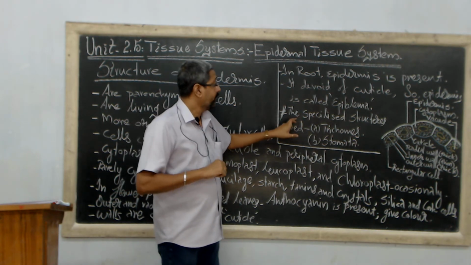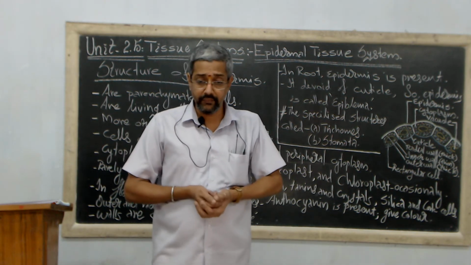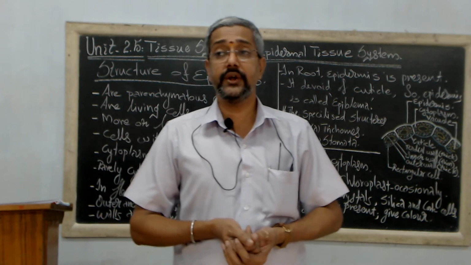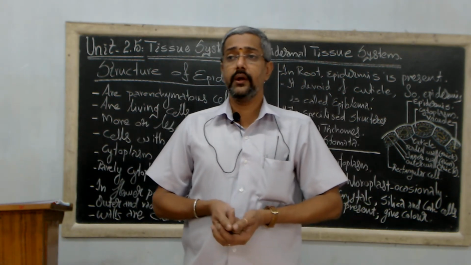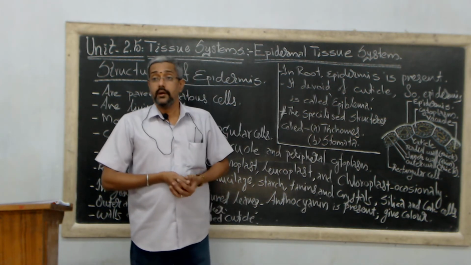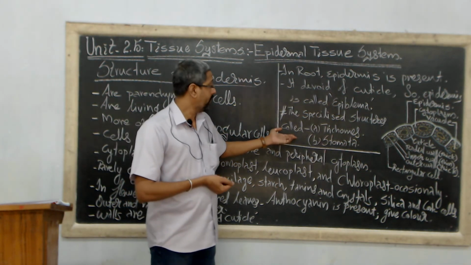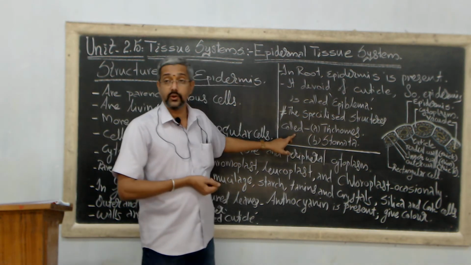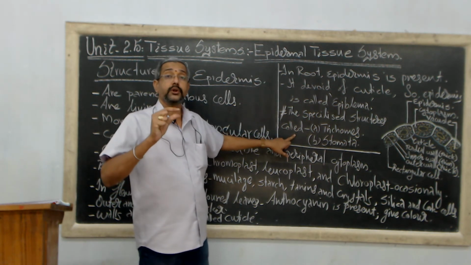Okay, and the specialized structures. In addition to that, certain modifications or differentiation are visible in the epidermal tissue system, and that is why it varies in nature. And here, in conclusion, we can see the specialized structures which are also developed inside the epidermal tissue system.